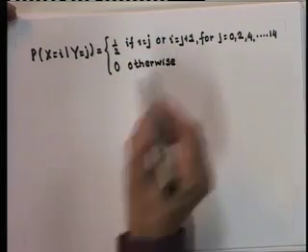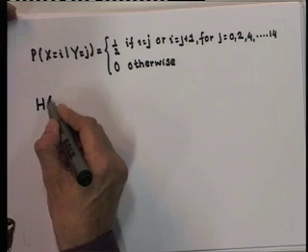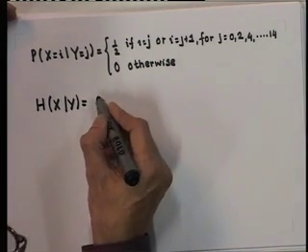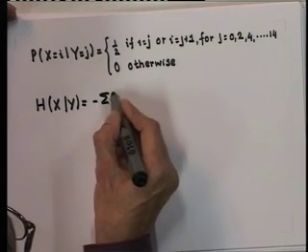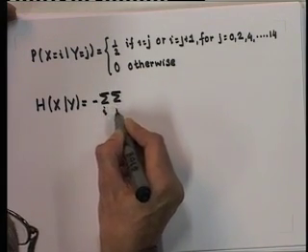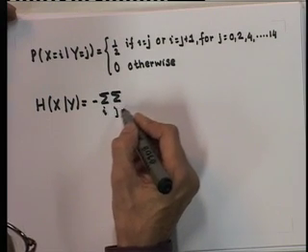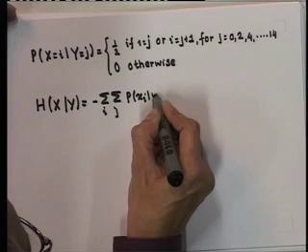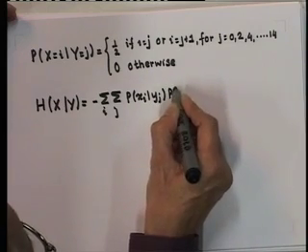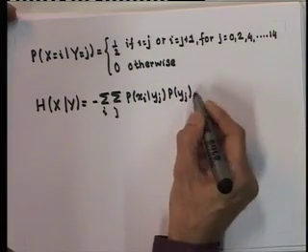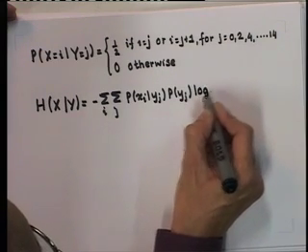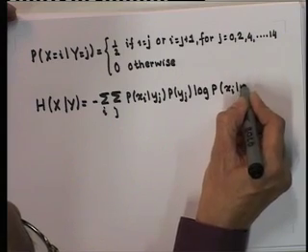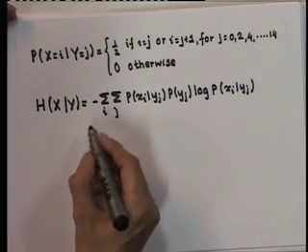Substituting this in the expression for H(X|Y), we get the double summation over i, j of probability of x_i given y_j times probability of y_j times log of probability of x_i given y_j.